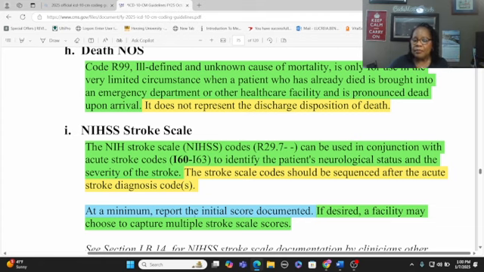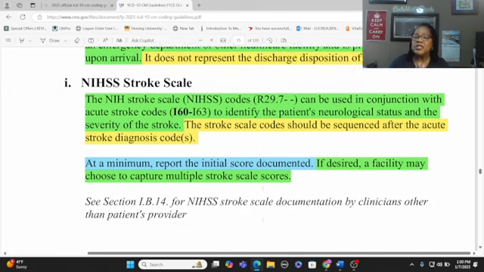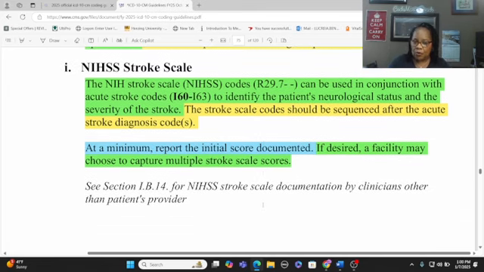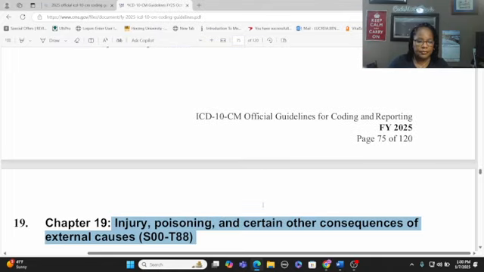And at a minimum, report the initial score documented. If desired, a facility may choose to capture multiple stroke scale scores, but at a minimum, report just the initial score. Let's make sure my guidelines. Anything else?